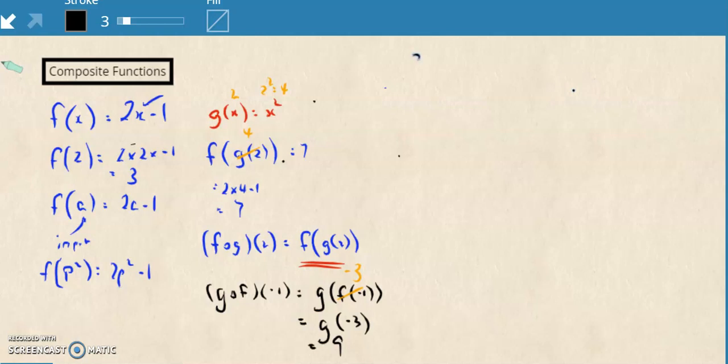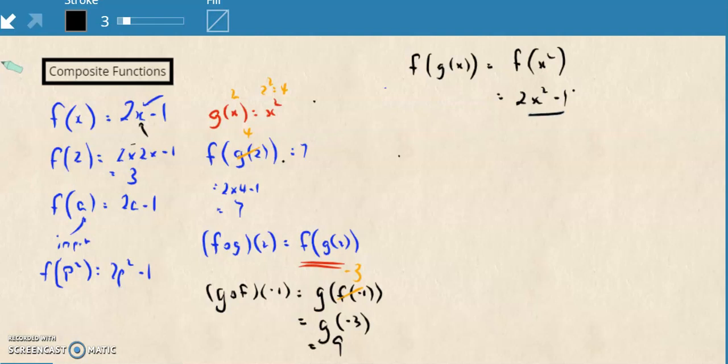We can look at defining this algebraically. So we can look at defining f of g of x in an algebraic sense rather than just at a specific value. We would do so by replacing g of x with x squared. So we're putting x squared into the f function, which simply means we put x squared into this spot here, and we get 2x squared minus 1 as our solution.